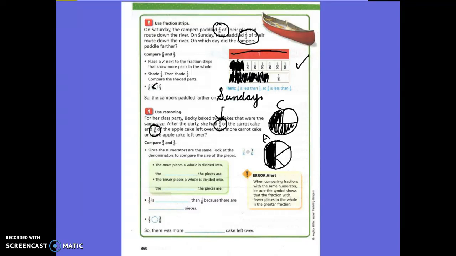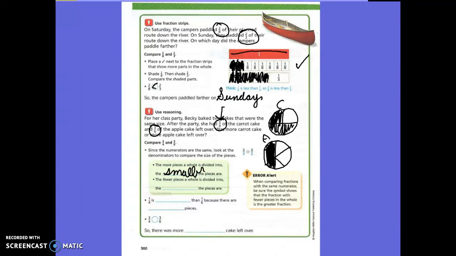Look at these pieces. The smaller they are. If they're divided into more, like the 6 was the more, right? Are those pieces smaller than the fourths? Yes. The smaller they are.